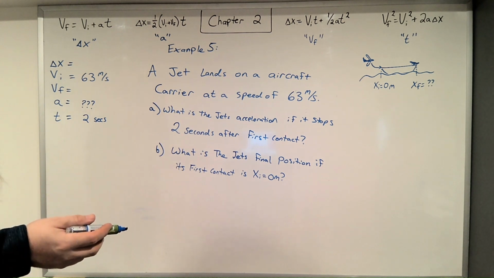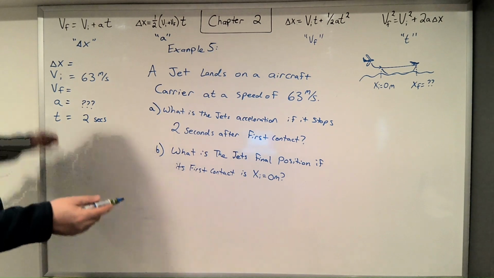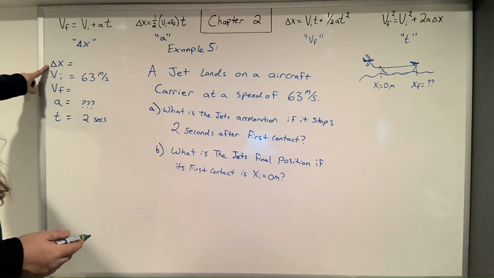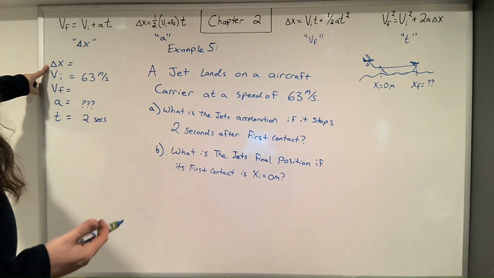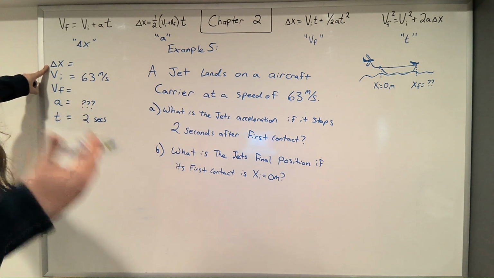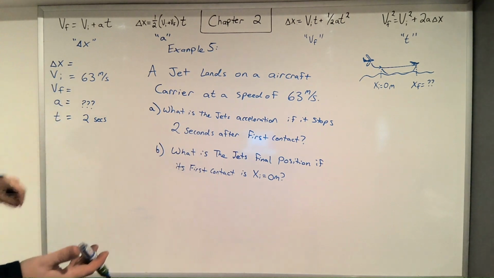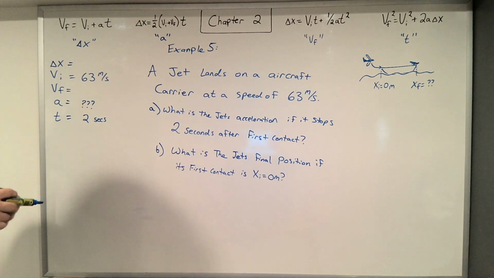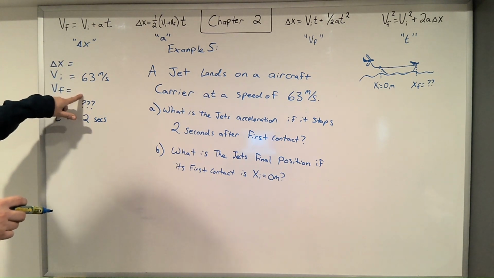At first contact, xi is equal to 0, but it doesn't tell me how long the aircraft carrier is. So I can't put anything for the change in x because it only tells me that xi is 0. And especially since xi is given in part B, I shouldn't need part B to solve part A. So I can't put anything for the change in x, which means I'm missing final velocity.